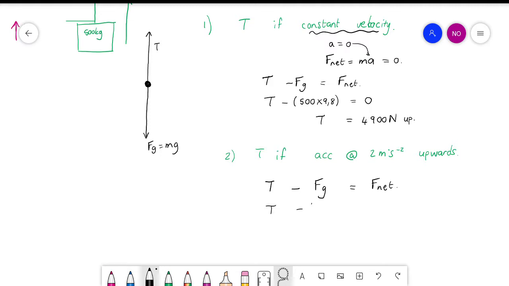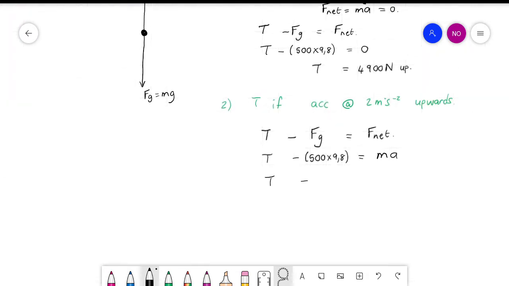Hierdie bly 500 maal 9,8. And here I'm going to have m times a. Want a is nie meer gelyk aan 0 nie. Almal by? Goed. So ek gaan stel in. T, daai is 4900. Die massa van die krat maal met die versnelling van die krat.